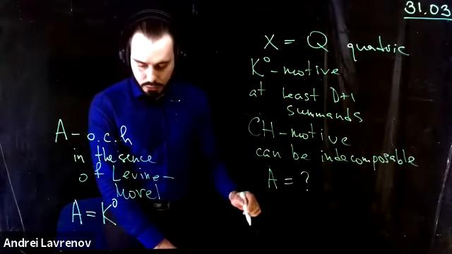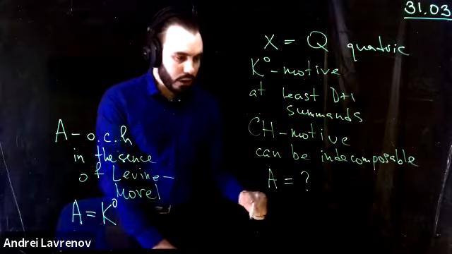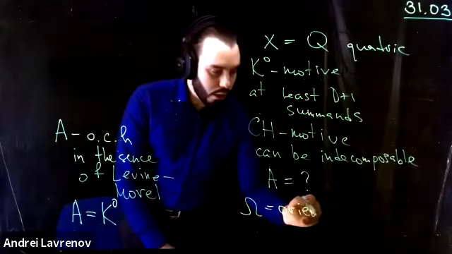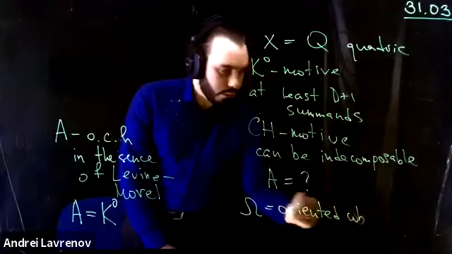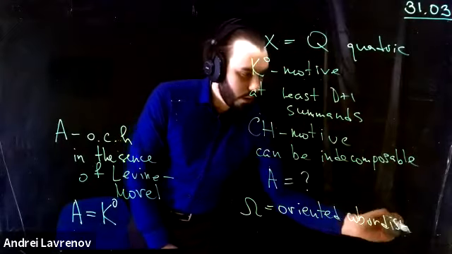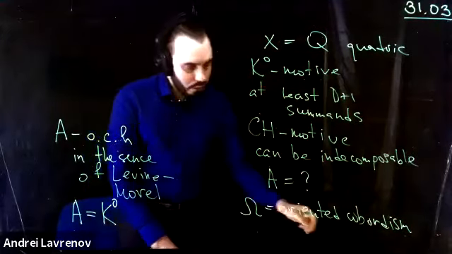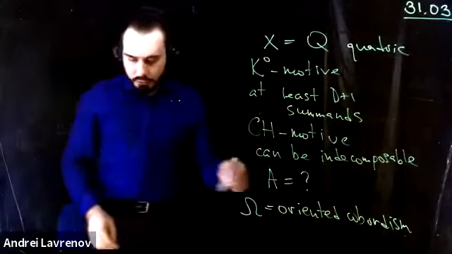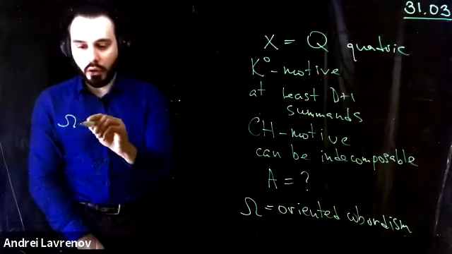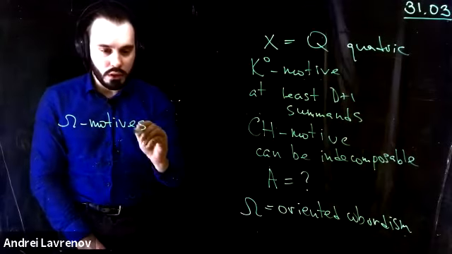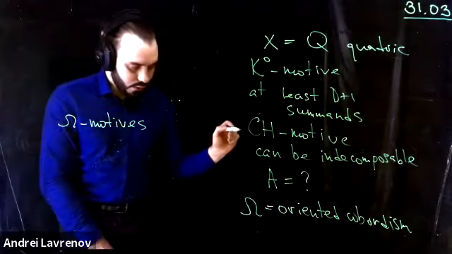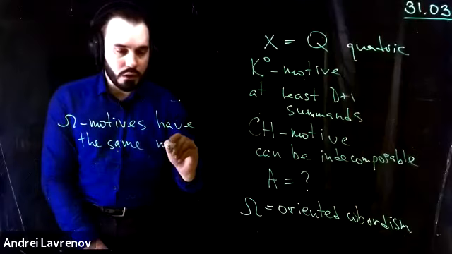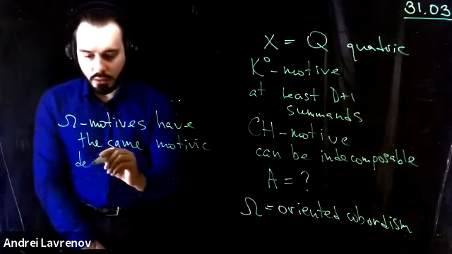Levin and Morel constructed a universal oriented cohomology theory, oriented cobordism, and oriented cobordism itself is not an interesting example because, as Vishik and Yagita proved, omega motifs have the same motivic decomposition as Chow motifs.